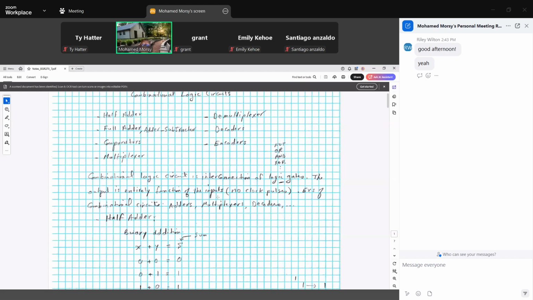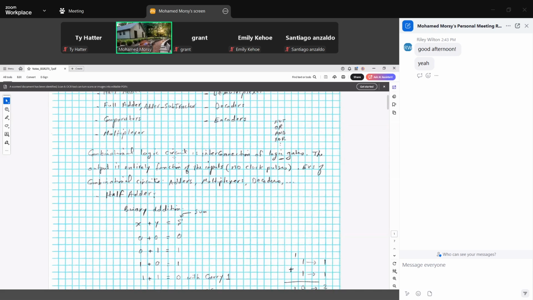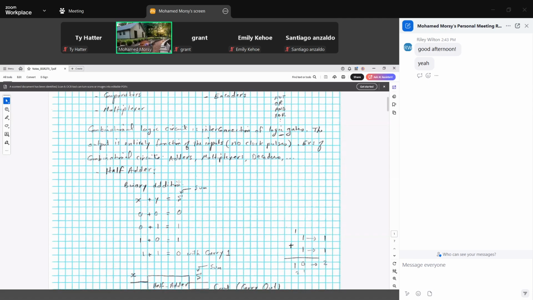The output depends on the inputs beside the clock pulse. But in combinational, the outputs depend on the inputs only.